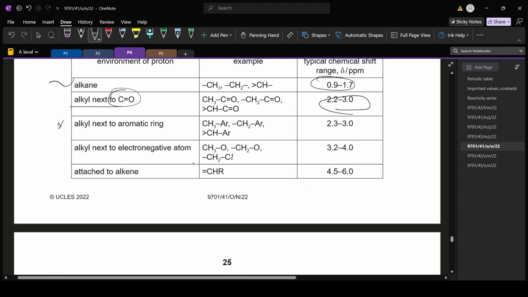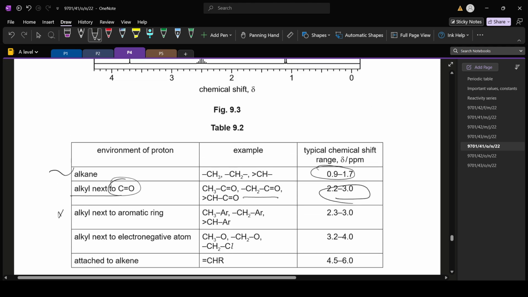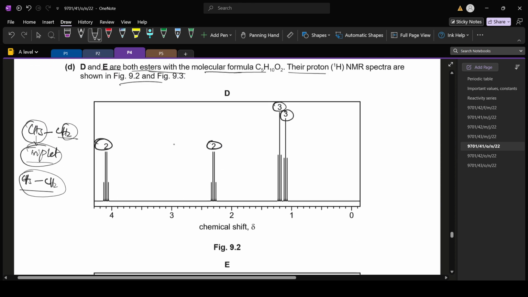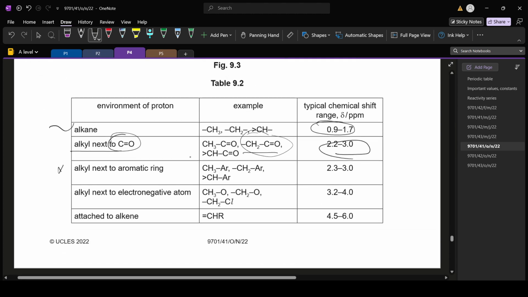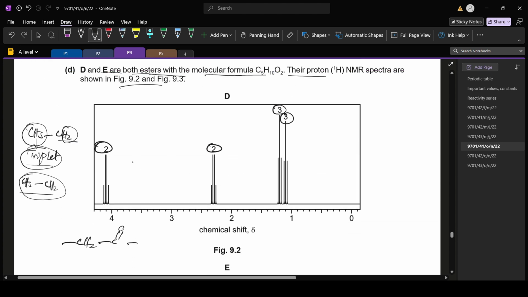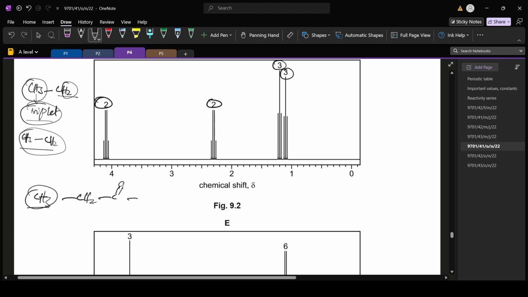You can see from this table that this will be the group. The number of hydrogens responsible for this peak is CH2, and this shows a quartet, so the number of hydrogens on the adjacent carbon will be 3. And the number of hydrogens responsible is 2, so this will be your structure.